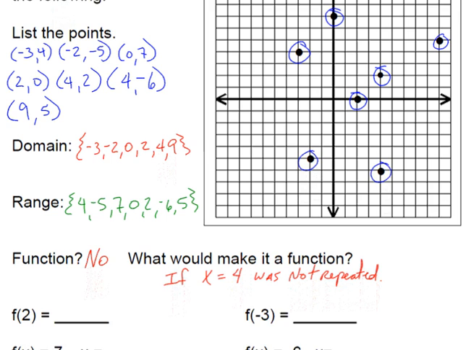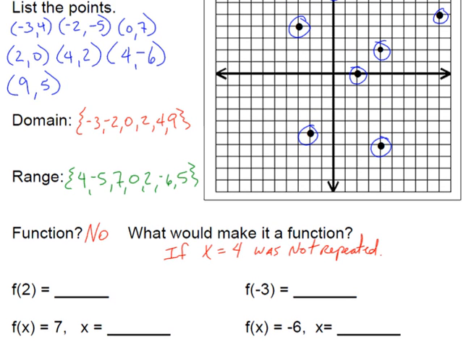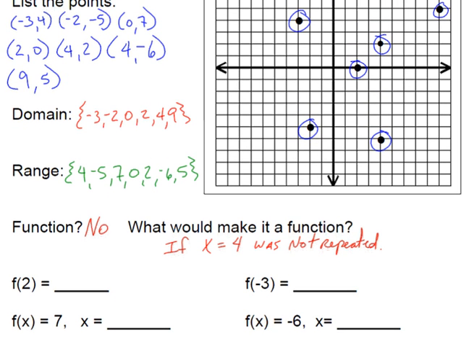Our next question, find f of 2. Well, f of 2, that is my x value. So I go up here to the top. There's f of 2. There's my x value is 2, so the answer here would be 0. This one says -3.